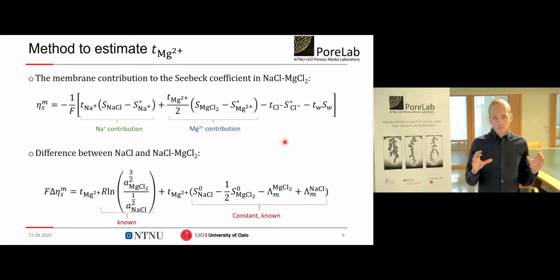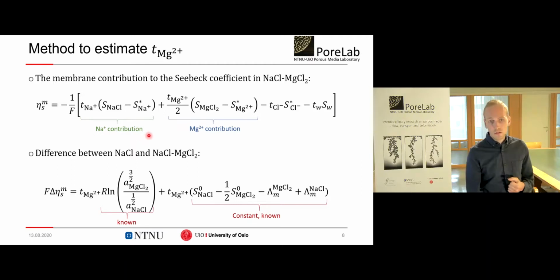So by using different concentrations of sodium and then the same ratio of magnesium and sodium, let us formulate these equations. So for the binary system, the Seebeck coefficient takes this form.